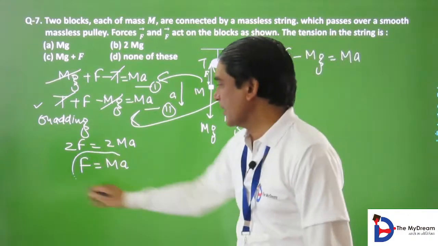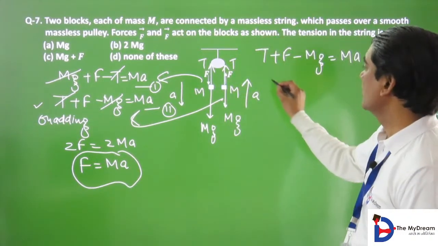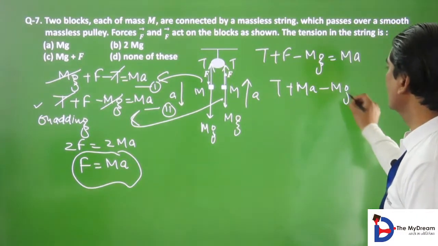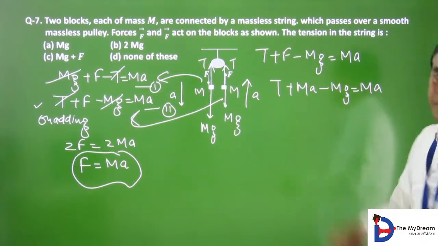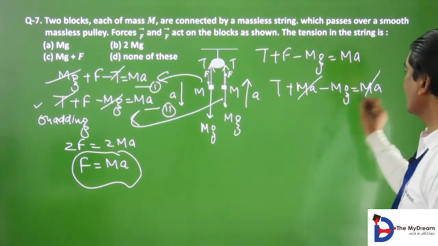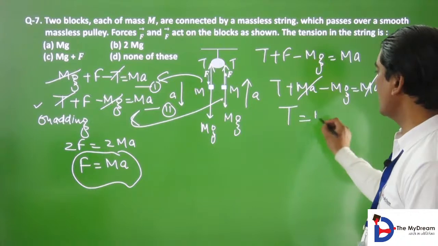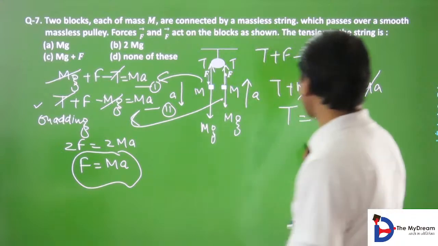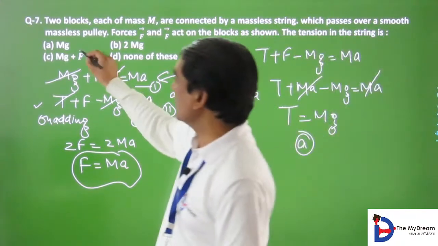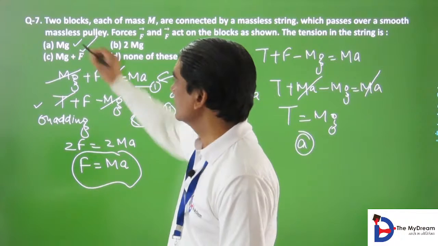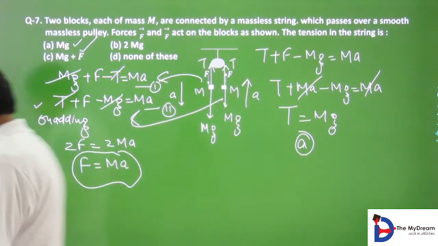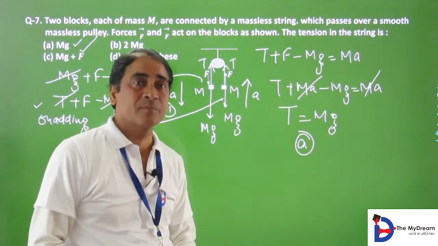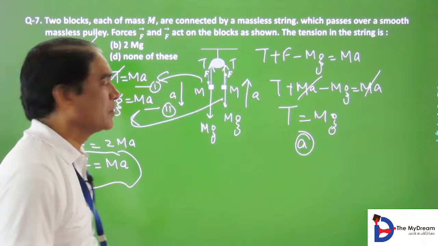And the value of capital F is ma, so ma plus T minus mg is equal to ma. It will cancel, then you will get T is equal to mg. So which one is correct? The first option is correct. So you must draw the free body diagram, then you can solve these types of problems.